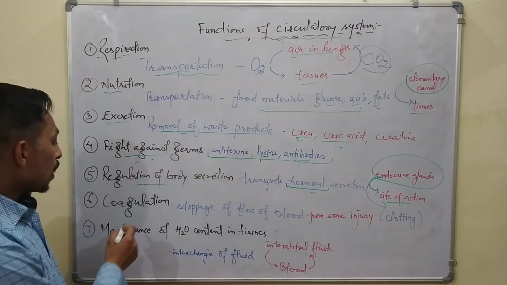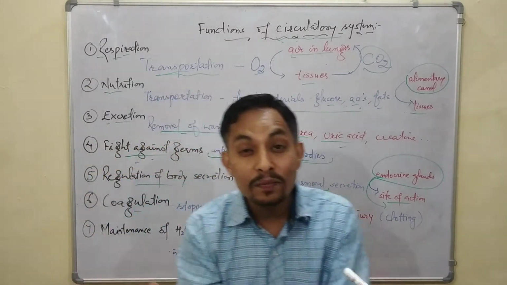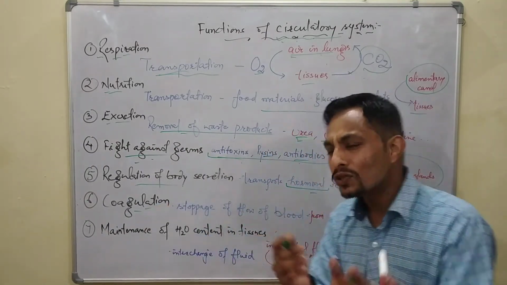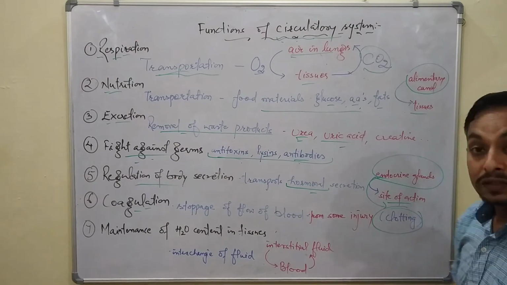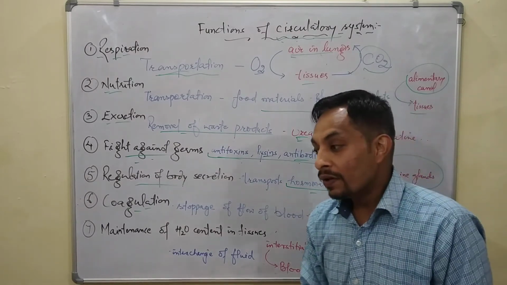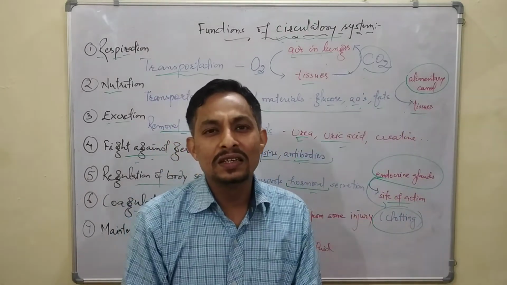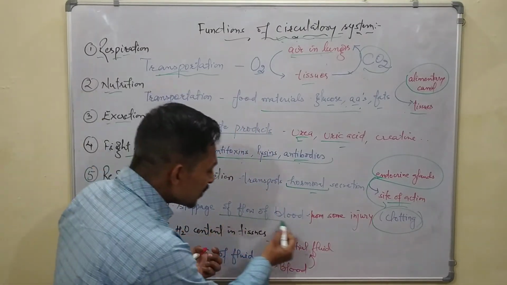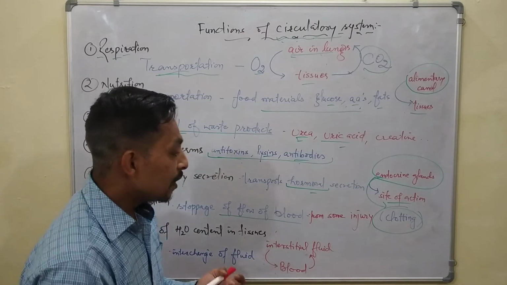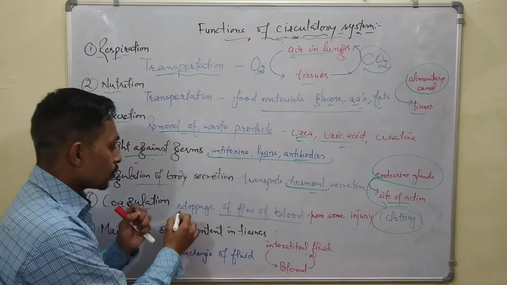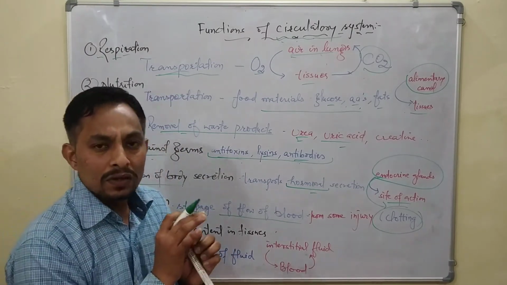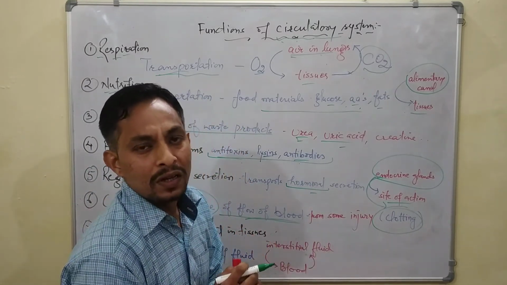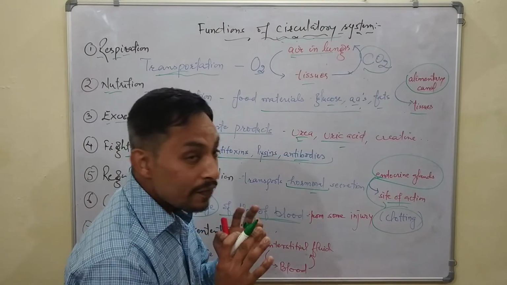And if you talk about coagulation, a very important process, which is also known as clotting. Whenever there is some injury in our body and after that injury there is a flow of blood, that flow must be stopped, because if there is no stoppage, there will be a continuous flow of blood and that may be fatal.